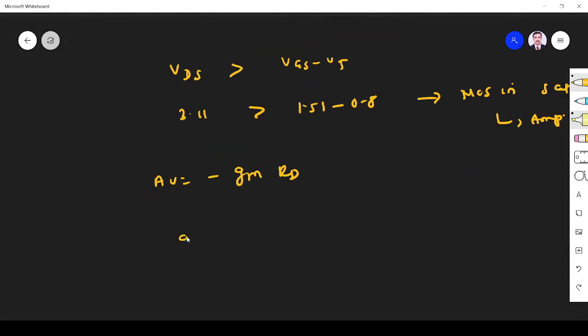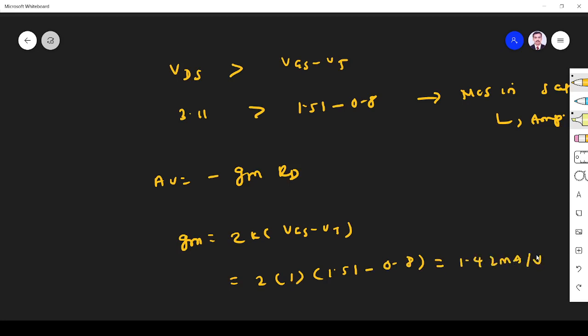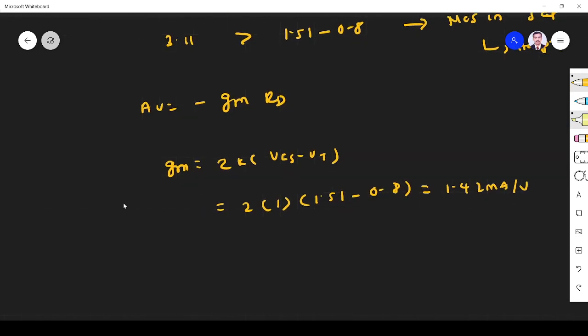So GM we have to find. GM is equal to 2K (VGS minus VT). So substitute all the values: 2 into K 1, VGS 1.51 minus 0.8, that is equal to 1.42 milliamps per volt. RD is in the problem. So AV is equal to, if you simplify, minus 9.656.